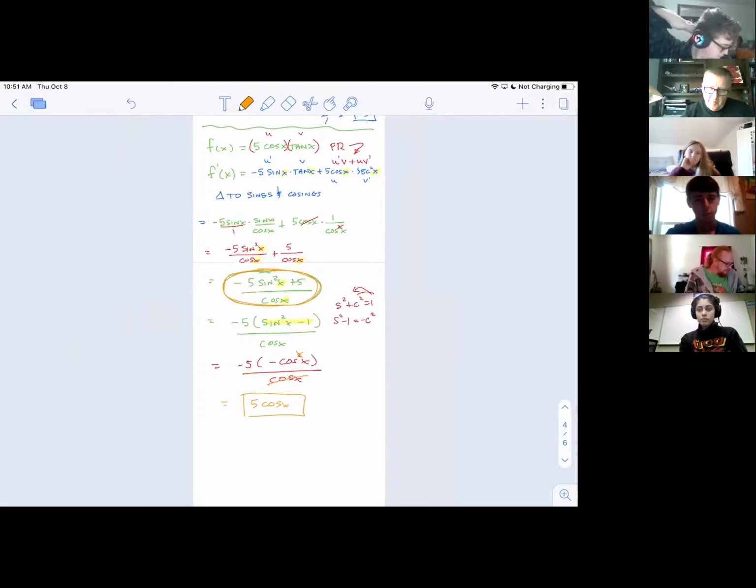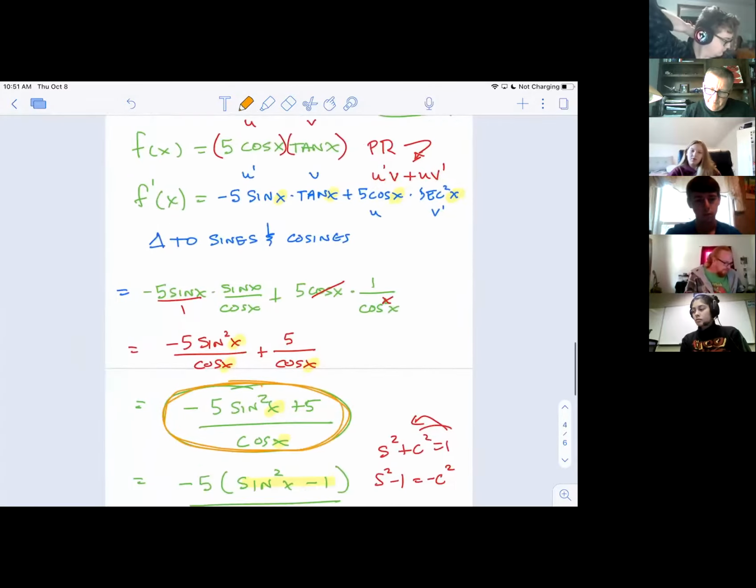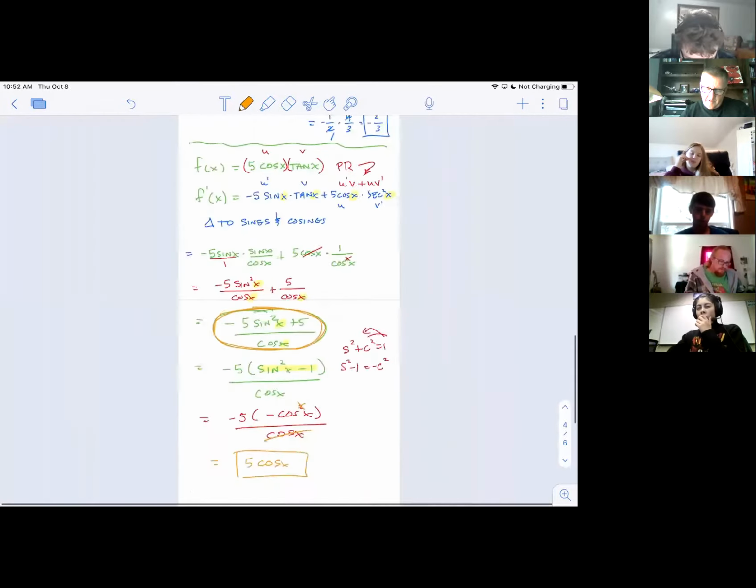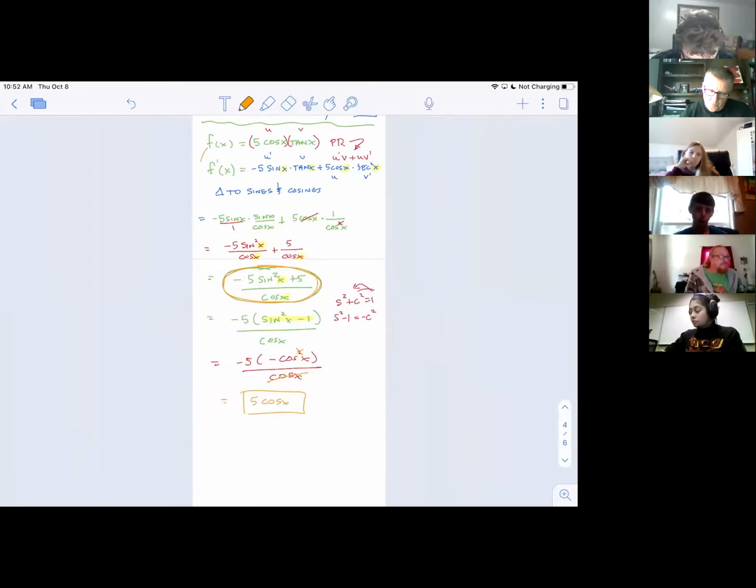So now back to what Caesar noticed. Right at the start of this, 5 cosine of x times the tangent of x. Let's just stare at that for a second. Skip down to here.